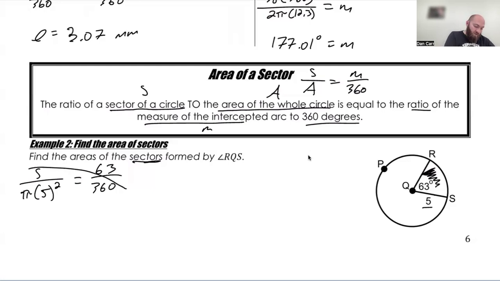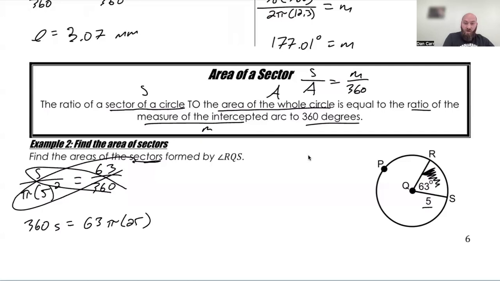Okay, so I can cross multiply here so that I have 360S is equal to 63 times pi times, I'm just going to write 25 because that's the 5 squared. Finally, I divide both sides by 360. And again, this is what goes in my calculator, just like that. Okay, so my sector area is going to come out to 13.74. We don't have any units, so I'm just going to say units squared. So it's no feet or inches or anything. So I'll leave it like that.